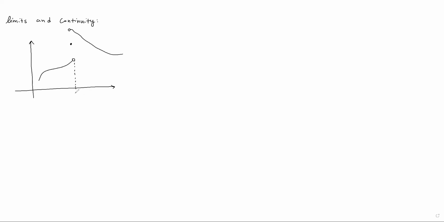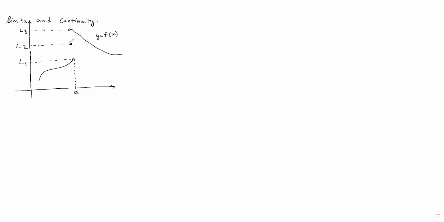Let's call this point A. Let's call this L1. Let's call this L2. And let me extend this a little bit, and let's call that one L3. And this is your function y equals f of x.